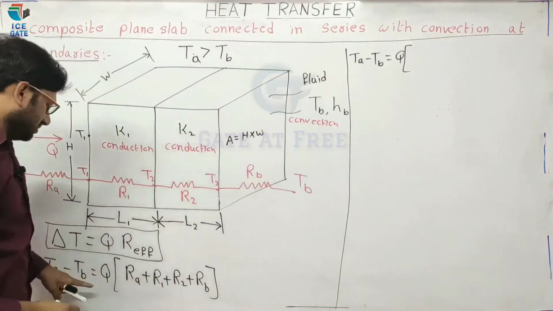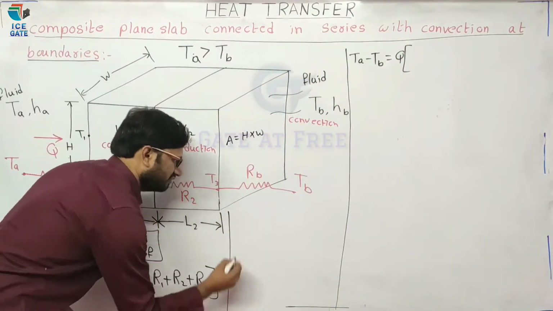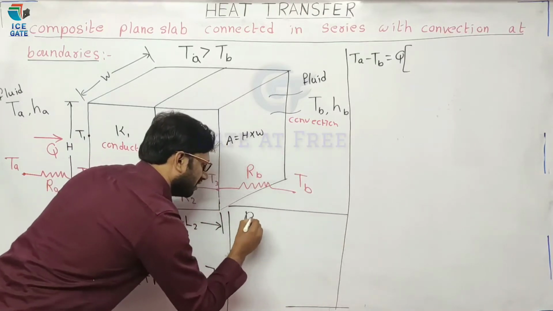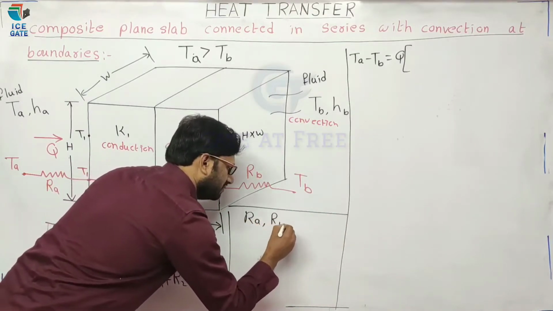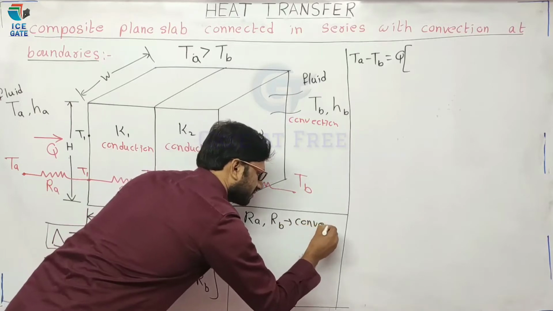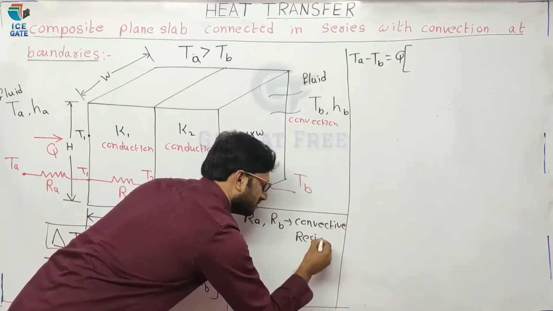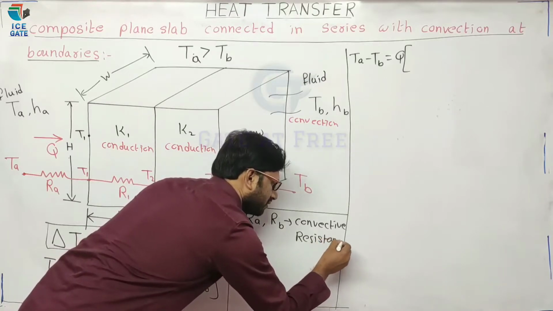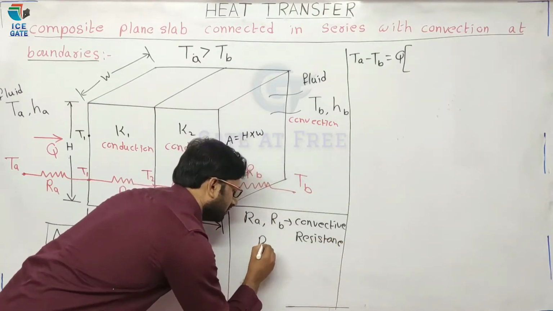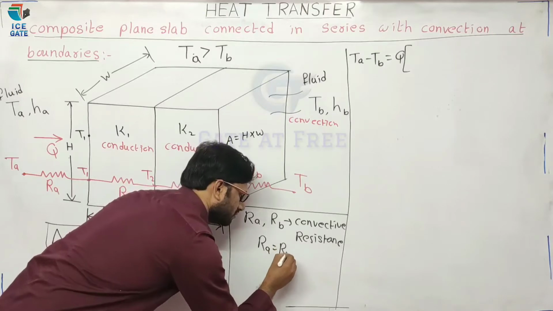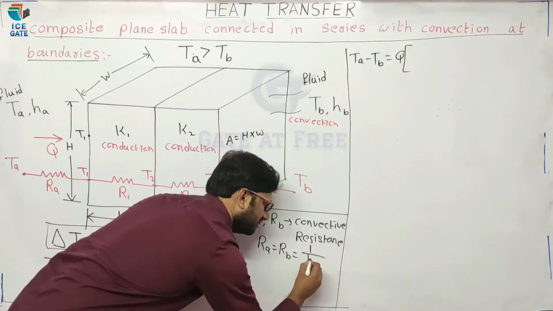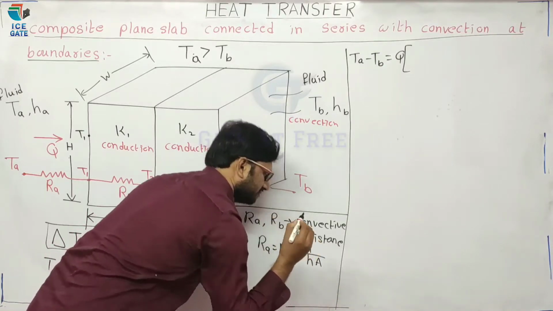Now we know that RA and RB are convective resistance. What is the convective resistance formula? 1 divided by HA.